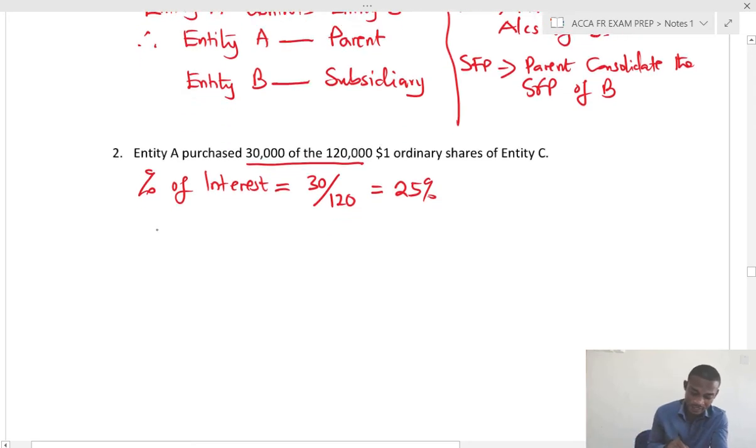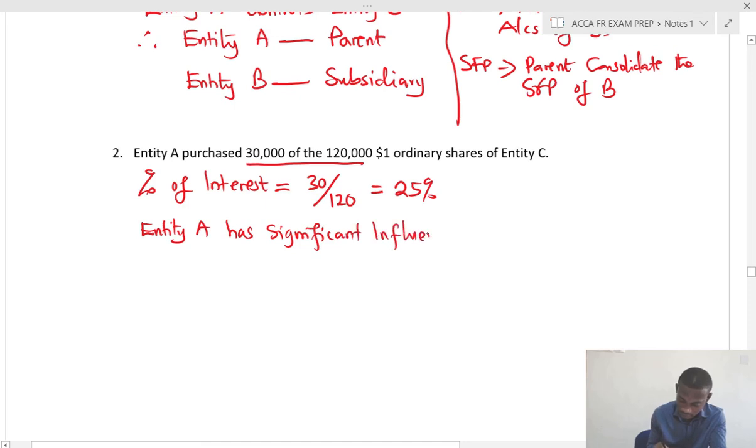So what we say is that entity A has significant influence over entity C. Therefore, entity A is an investor.